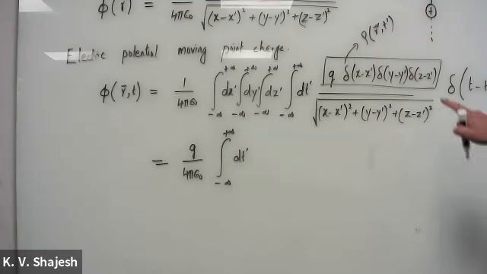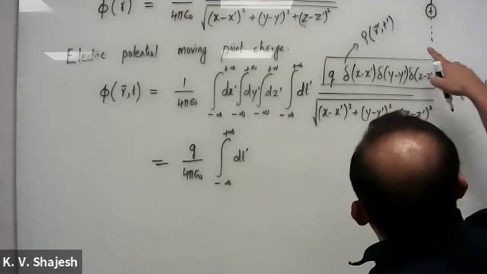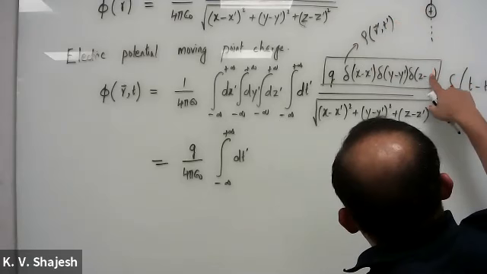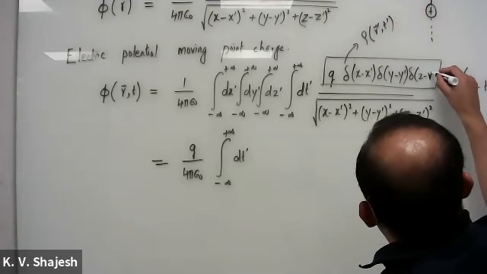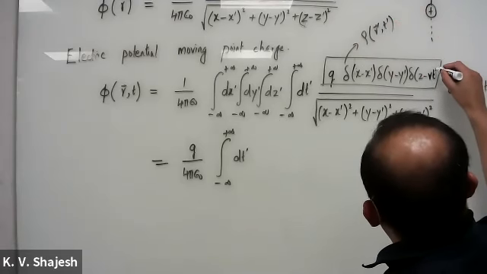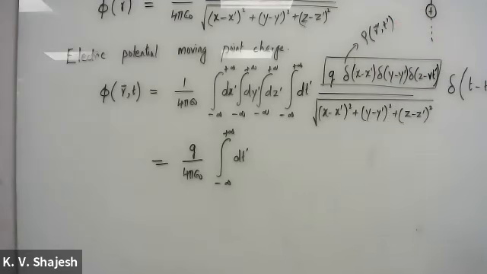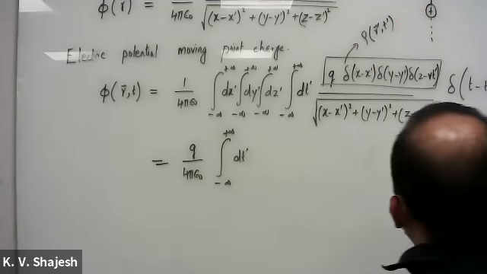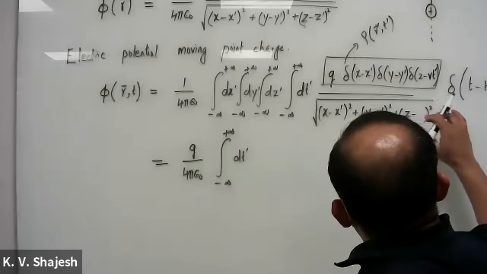Since we are having the charge density, z prime will be v times t prime. Wherever you see z prime, you have to replace it with v times t prime.